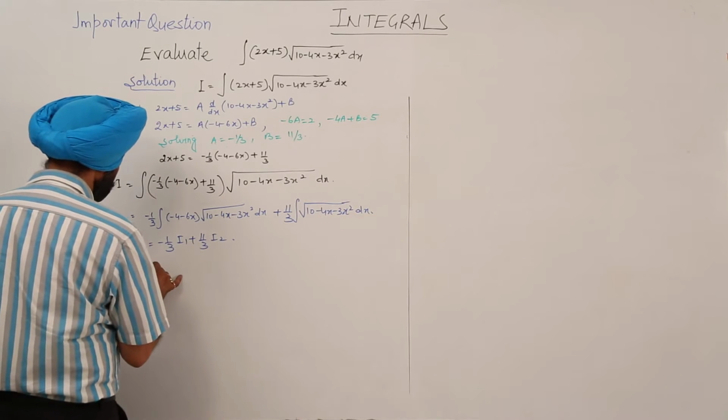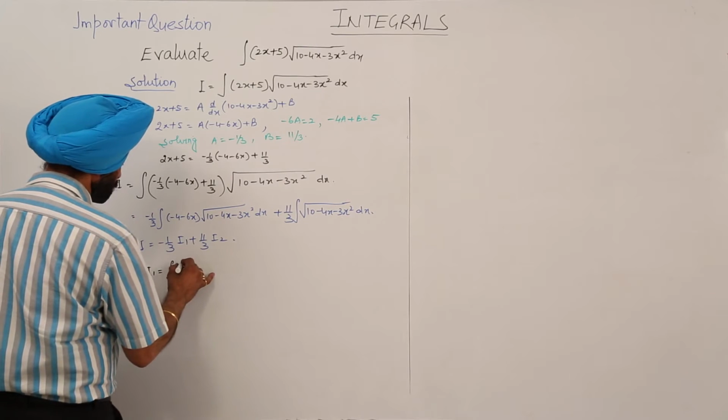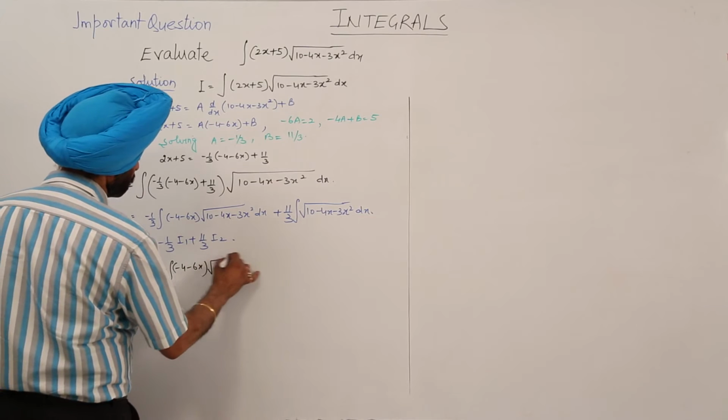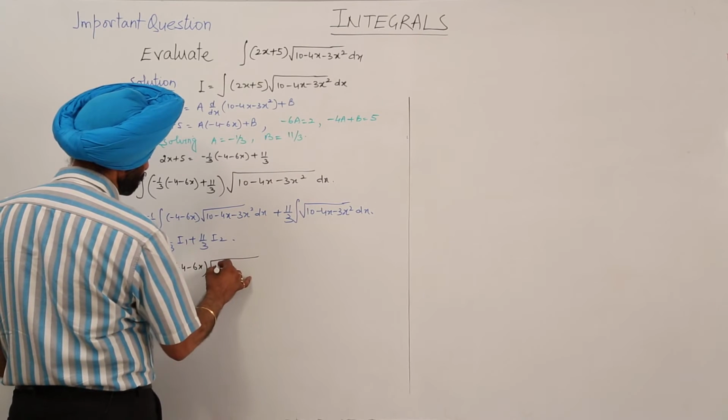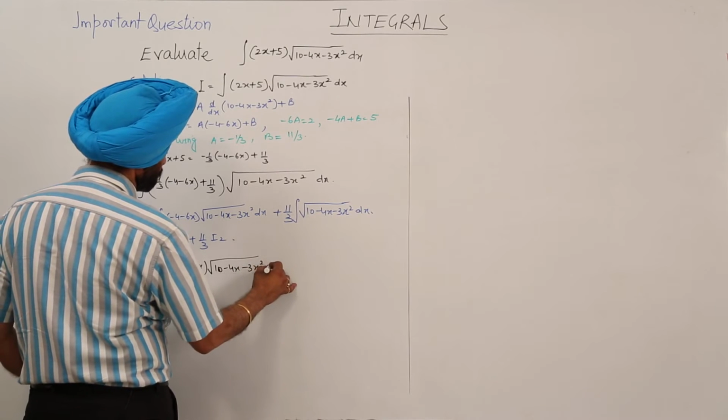Now I1 is equal to integration of (-4 - 6x) over the square root of 10 - 4x - 3x² dx.